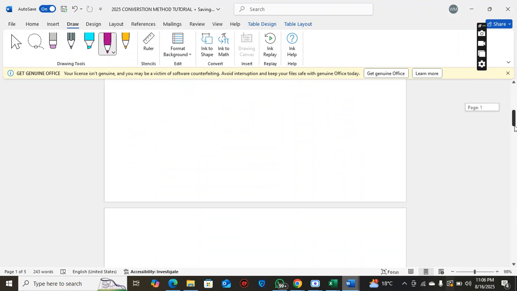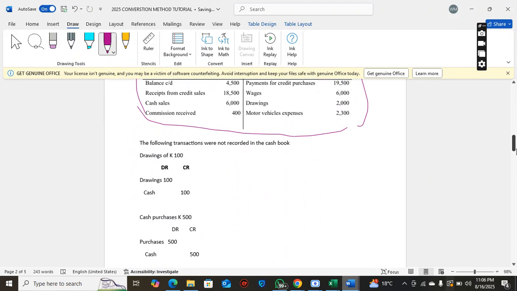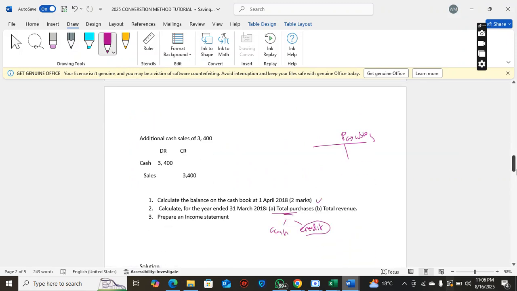So for this control account, what is on the debit side reduces, what is on the credit side increases.